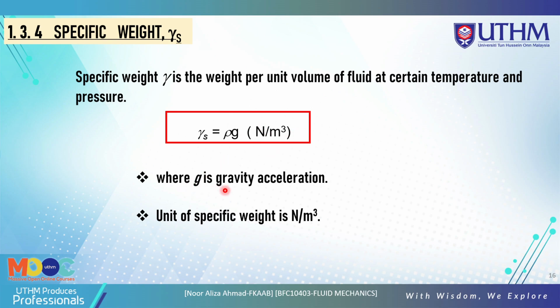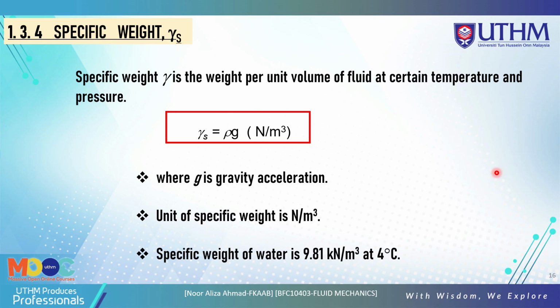The specific weight of water is 9.81 kilonewton per meter cube at 4 degrees Celsius, so we use 9.81 if the temperature is 4 degrees Celsius.